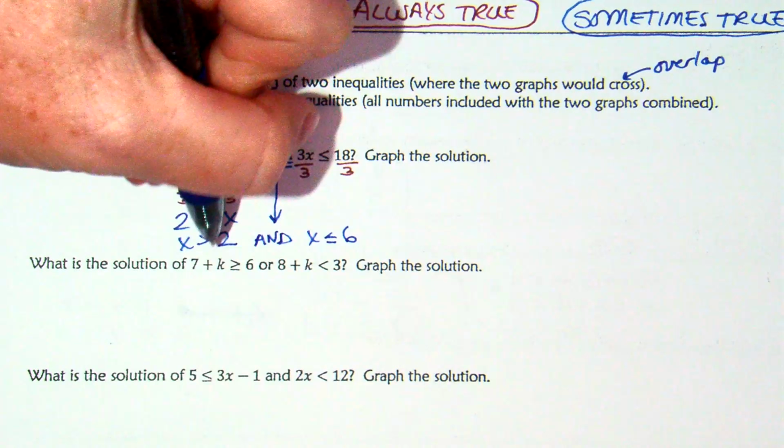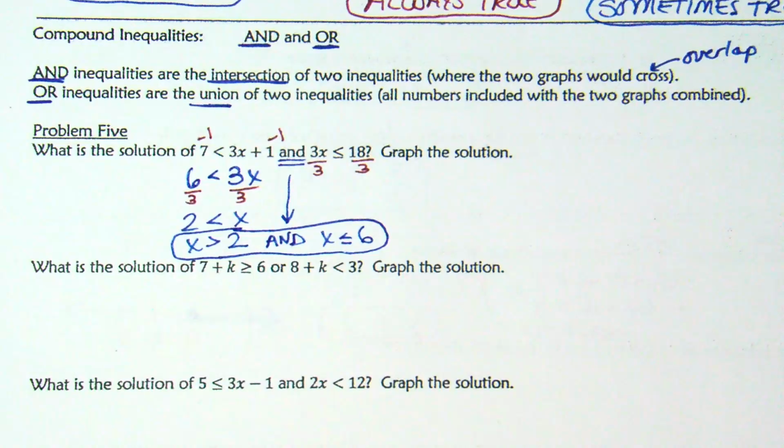Okay. This is one option for how to leave an answer. However, with an or statement, I'd say we're done. We're leaving it like this. With an and statement, do you remember writing a compound inequality together into one statement where the x is in the middle between two numbers?